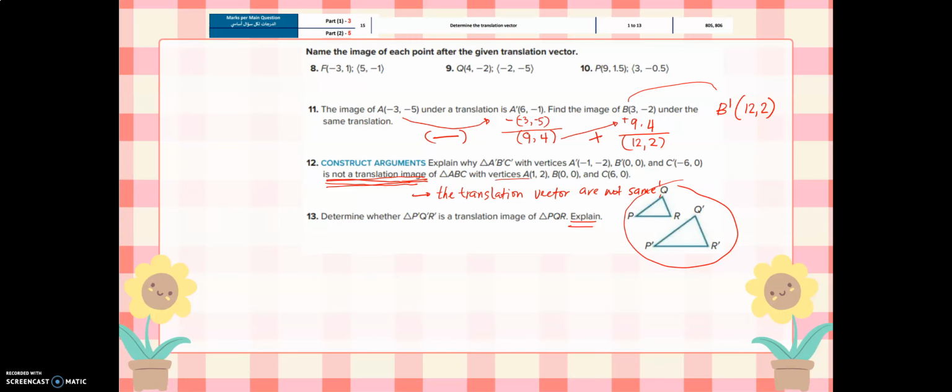All right, so P'Q'R' is not a translation of triangle PQR because, as we can see, the sizes are not the same. Okay, so this is the answer for this question 13.